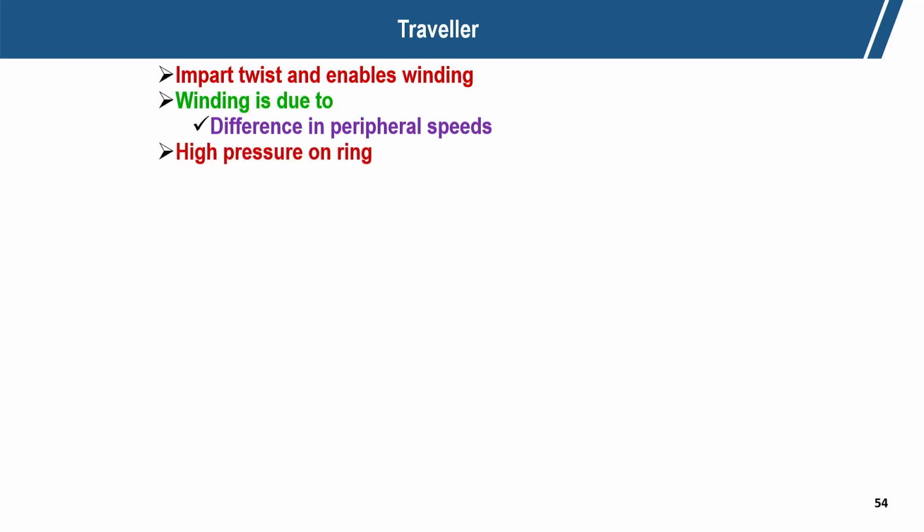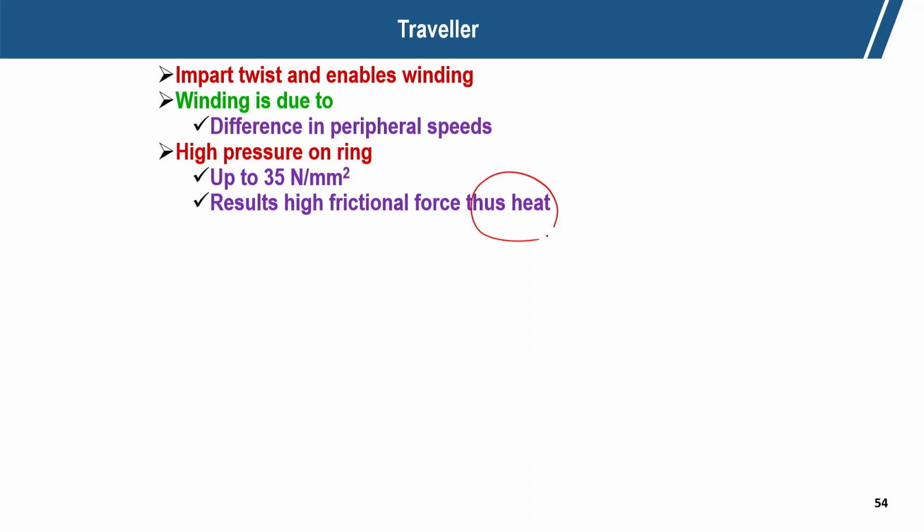There is high pressure on the ring due to the centrifugal force, up to 35 Newton per square millimeter, which results in high frictional force and heat generation. So, S equals pi dt, where dt is the diameter of the bobbin at time t, times ns, the spindle speed, minus nt.